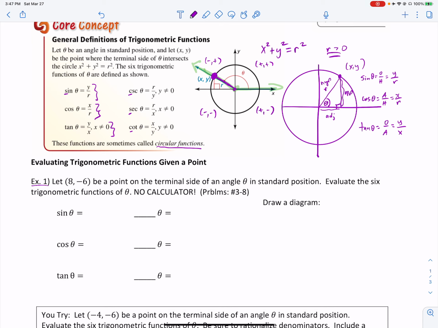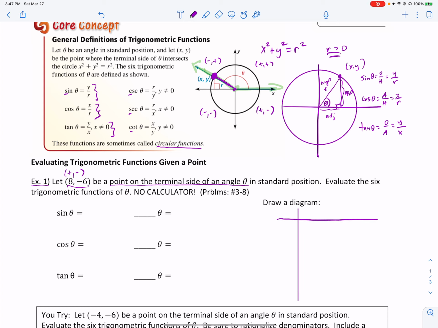And so we are going to draw a diagram where that happens. And since this is where x is positive and y is negative, we're going to be in quadrant 4. So draw a diagram. You need to have a diagram on these.